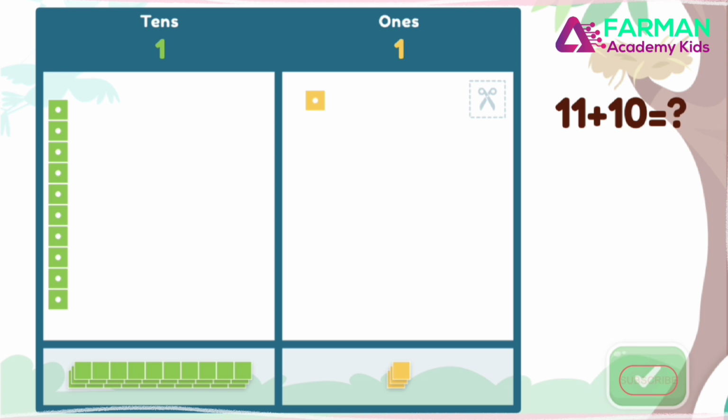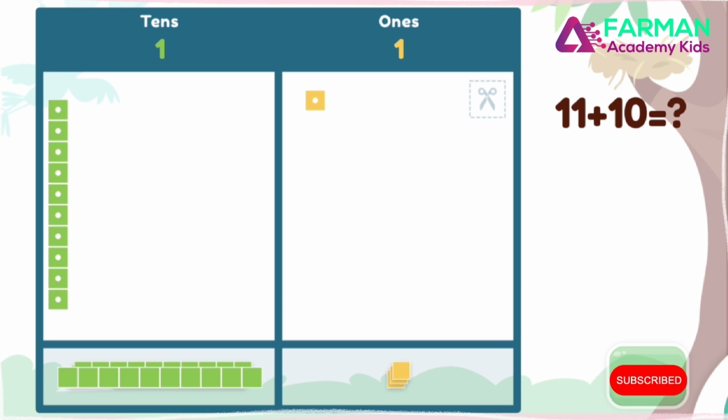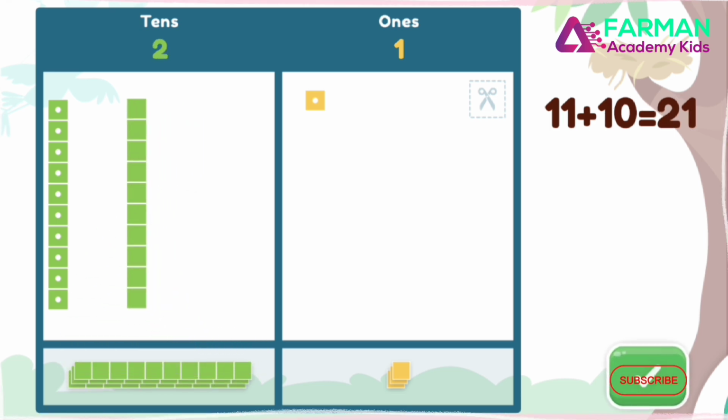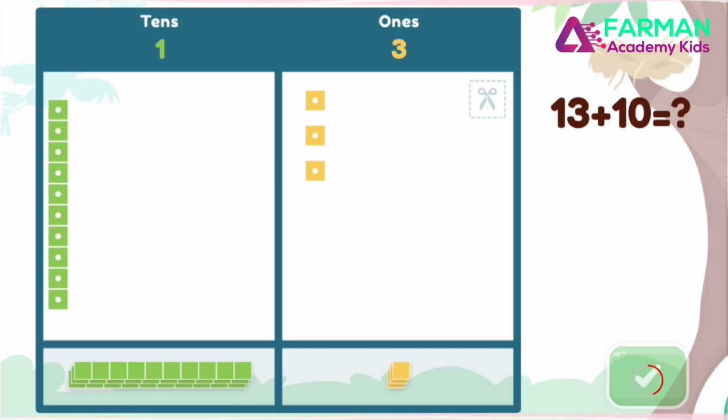There is 11 in the frame. Add 1 rod to add 10 more. Great! There are 2 rods and 1 block. That equals 21. Use the rods and blocks to solve the equation. 13 plus 10.